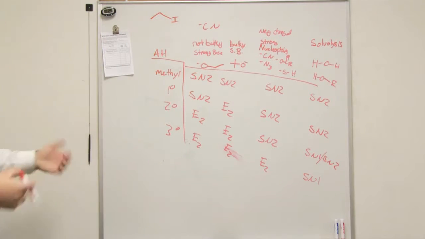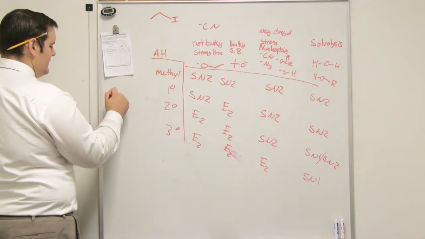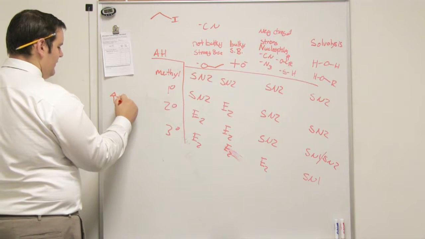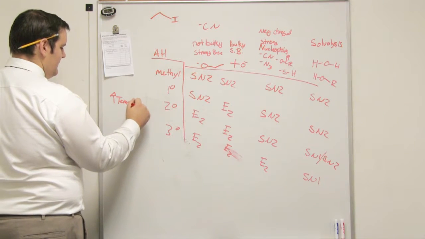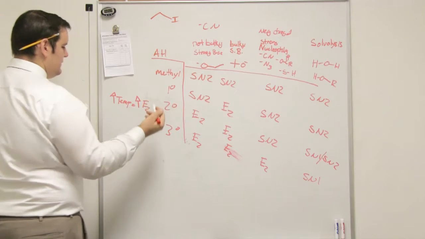I'd probably say sometimes it might be SN2. Usually, I think for solvolysis, it's usually SN1. But they're never really clear as to which is which. And then if you increase your temperature, what happens? It increases the likelihood of it being E2, right?